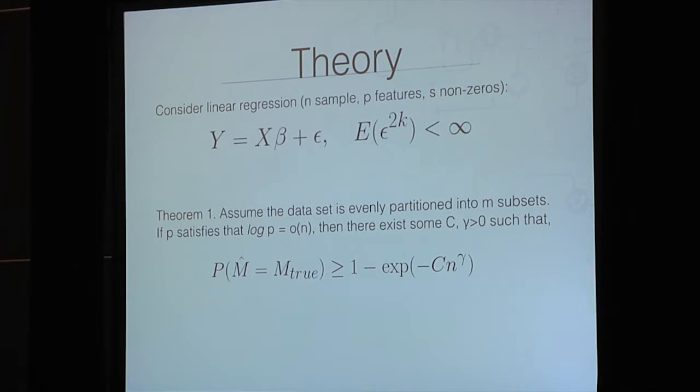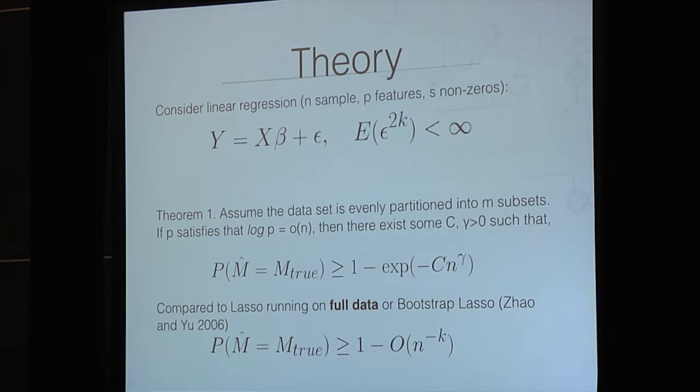partitioned randomly into m subsets, then the probability for you to select the correct feature will be increasing to 1 exponentially with the sample size. So this result is remarkable compared to the original Lasso result. The original Lasso result says that if you run Lasso directly on the full data set under this setting, the probability for you to select the correct feature will converge to 1 only polynomially.